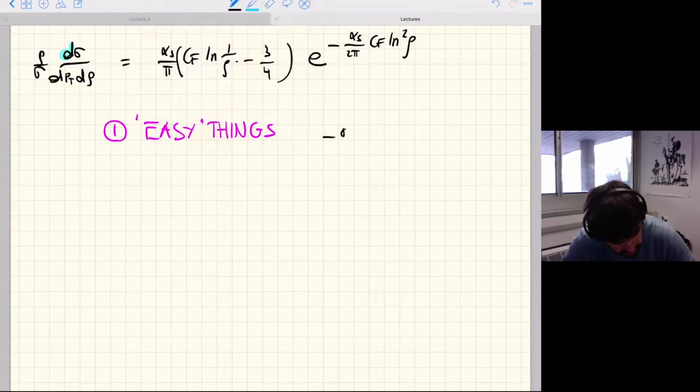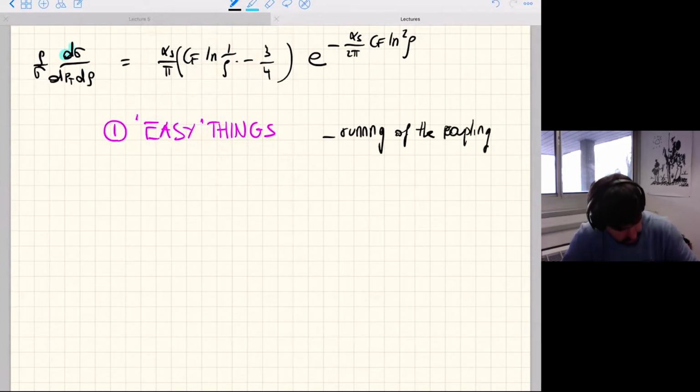So these are the running of the coupling. Here I worked in a fixed coupling approximation, so you need to have the running of the coupling in two loops. Maybe, well, I guess you can include the full splitting function.